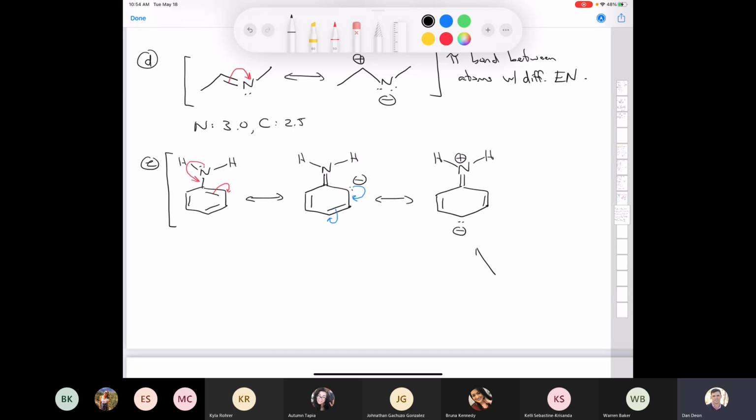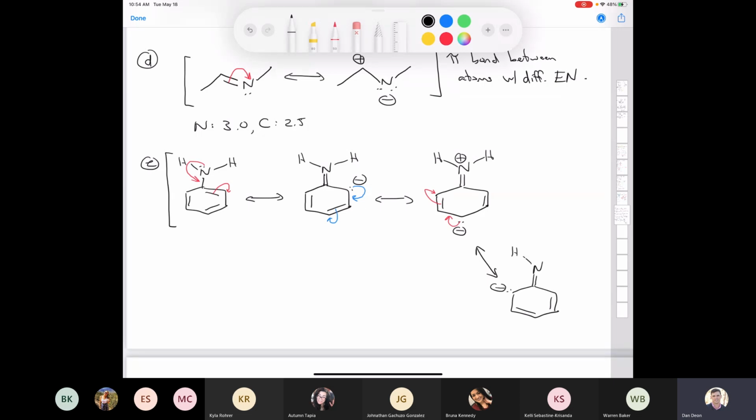I can keep going. I've still got another allylic lone pair. So let's move those electrons around and make a new pi bond. Take these electrons and move them up here. And then I end up with this. So I have a new pi bond here. This one, I have a pair of electrons here with a negative charge.